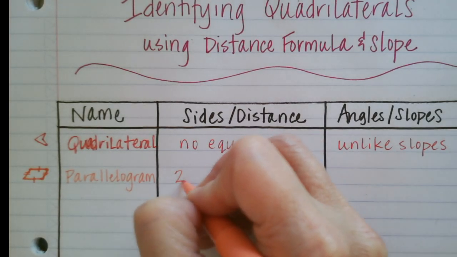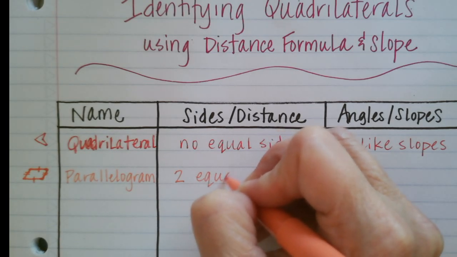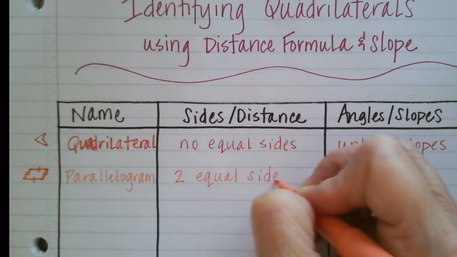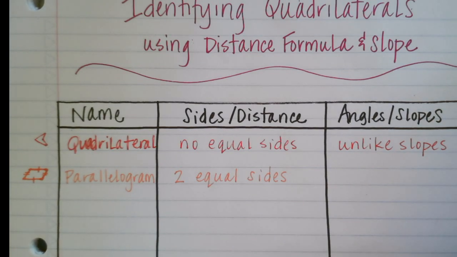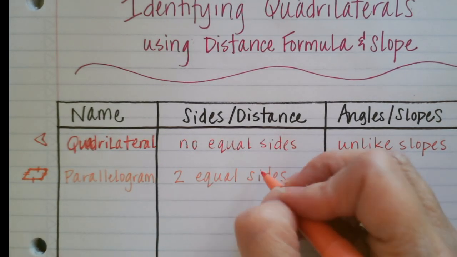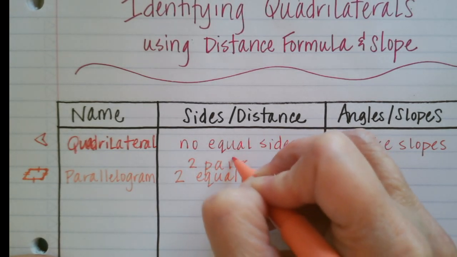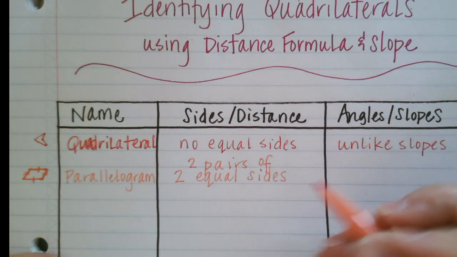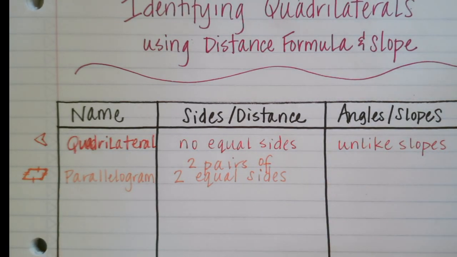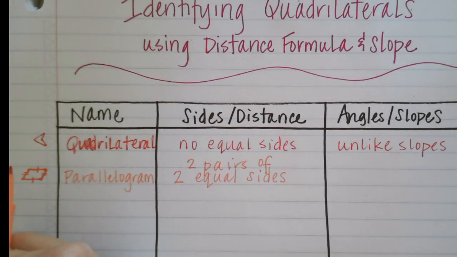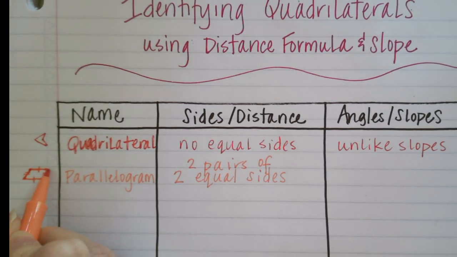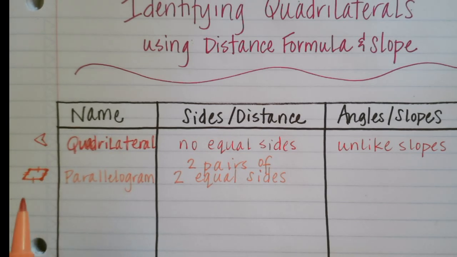So we have two equal sides, and actually we have two pairs of two equal sides. Now, the slopes can be different, but at the same time, we know that the slope of this side is going to be the same as the slope of that side in order for them to be parallel.